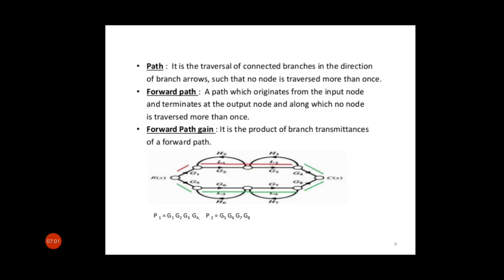Here there are only two forward paths. Forward path is that path which originates from the input node and terminates at the output node.